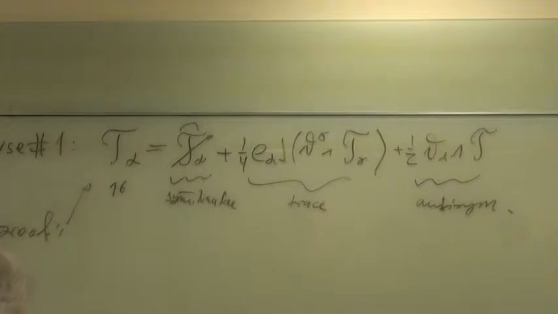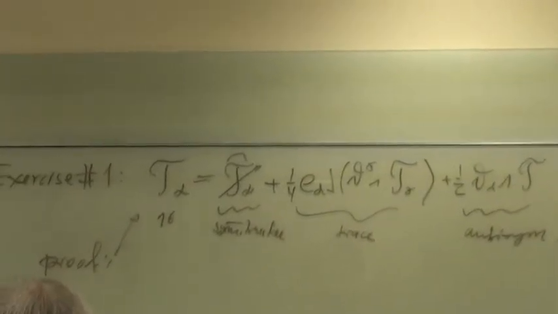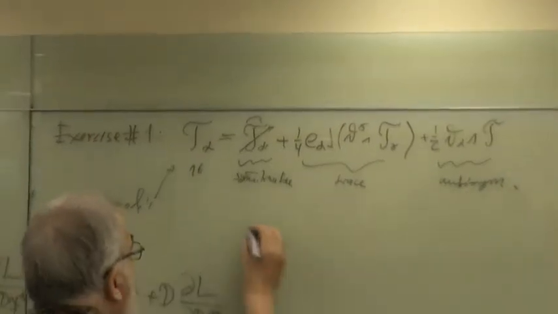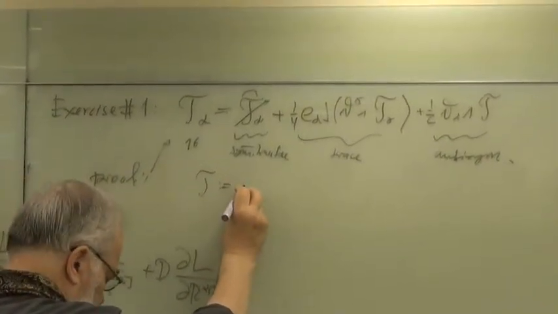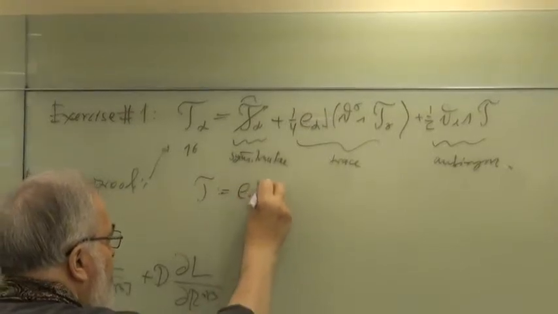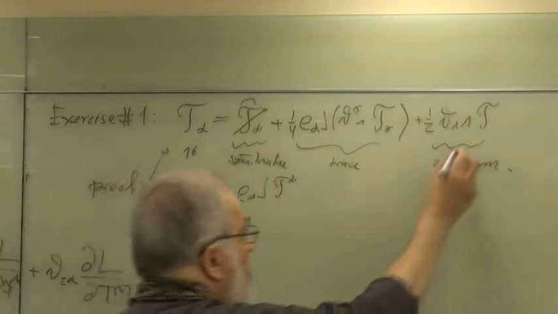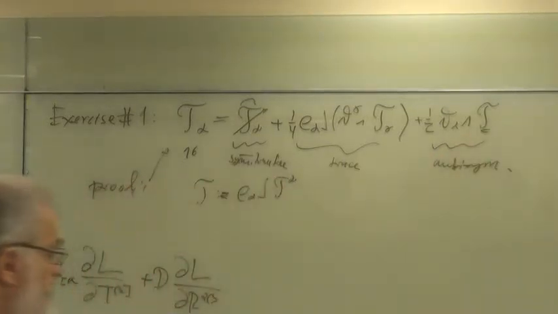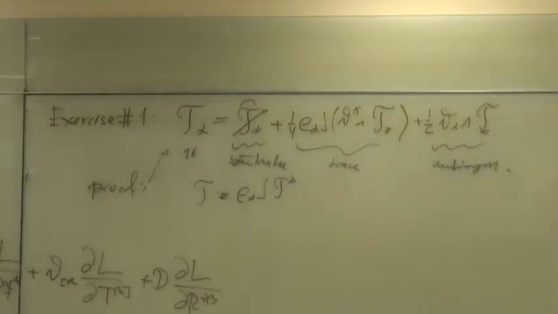In this relation, I have abbreviated T by definition E alpha in T alpha. This quantity which appears here. This is just the anti-symmetric piece of energy momentum current.